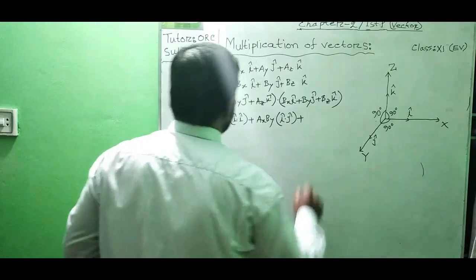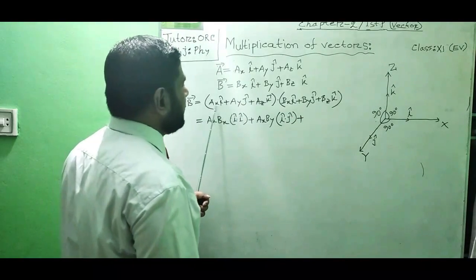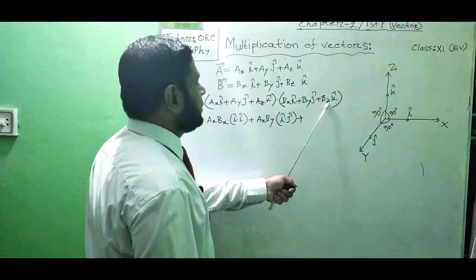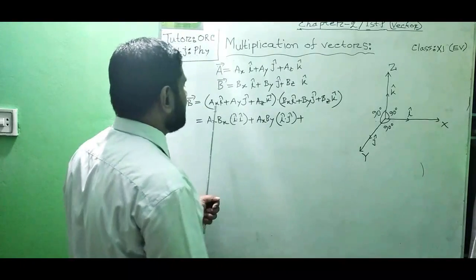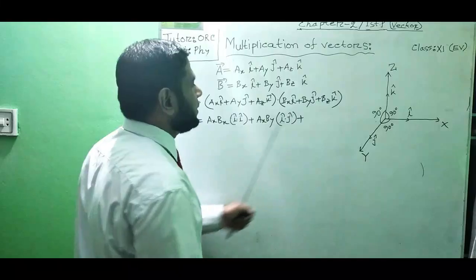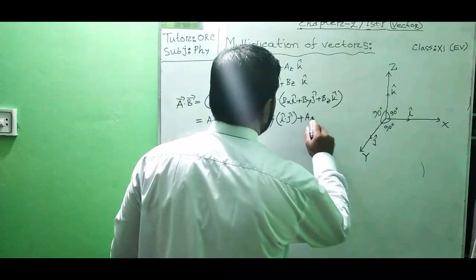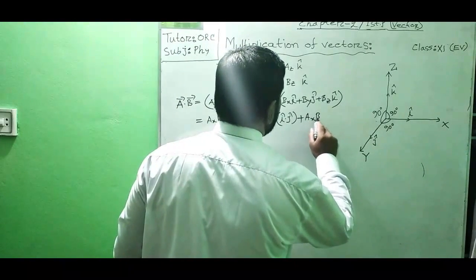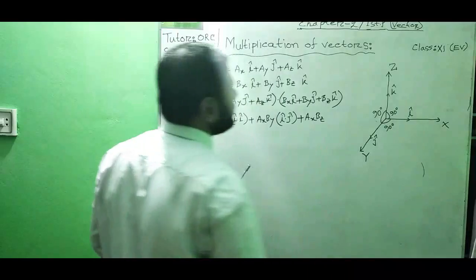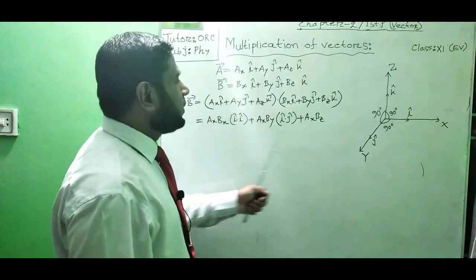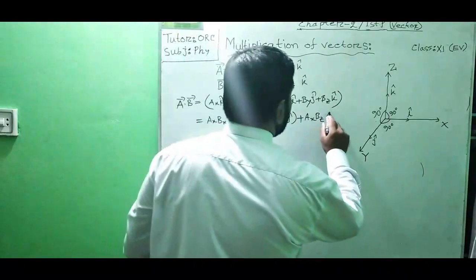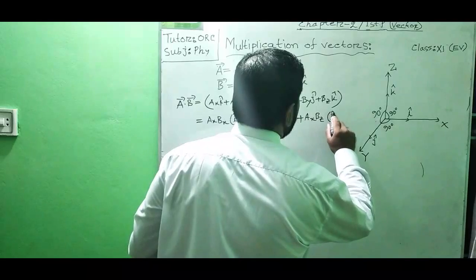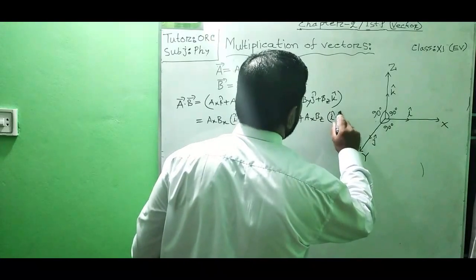Again, with the first term we multiply the last term of vector B. Here is ax bz. Let us multiply ax and bz, and the two unit vectors are i cap and k cap, and the dot product i cap dot k cap.